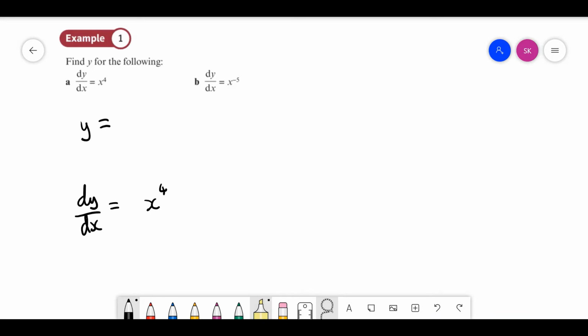Now, because you're all masters of differentiation at this point, after the last couple of weeks of work, hopefully you know that the expression that we need for y that differentiates to this requires us to have an x to the power of 5. Because when we differentiate x to the power of 5, we get 5x to the power of 4.